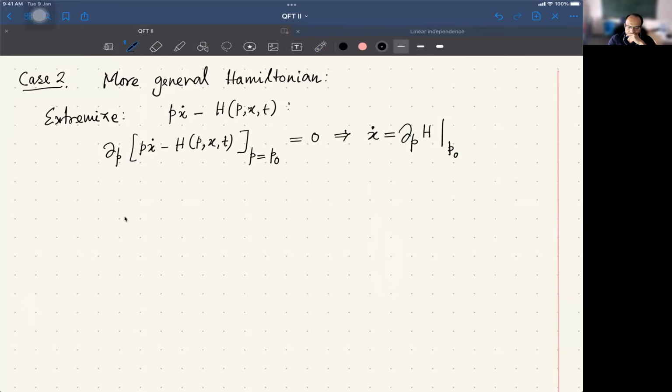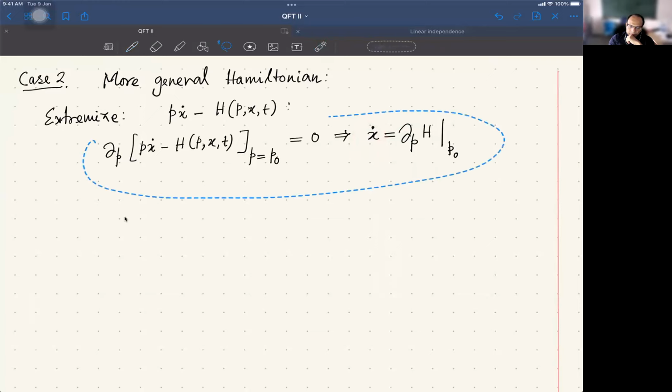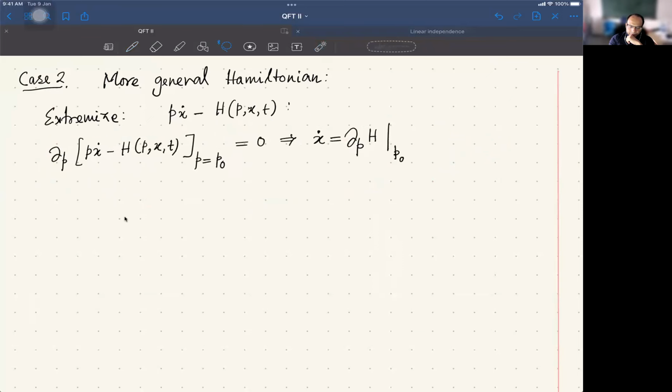Now this of course, after you set p equals p0, becomes a function. This right hand side is a function of p0, x and t, and the left hand side is x dot. This can be inverted to write p0 in terms of x dot and t. So this can be used to write p0 as a function of x dot and t.